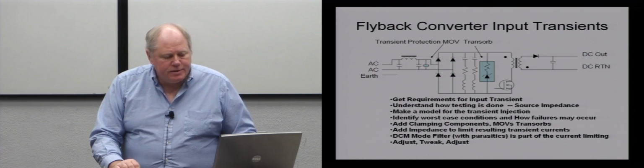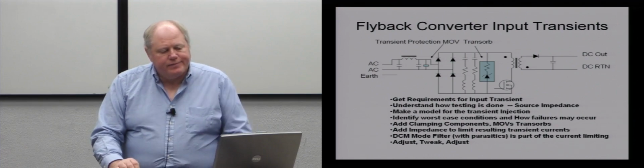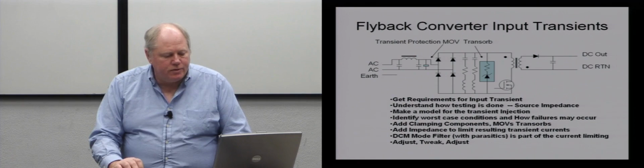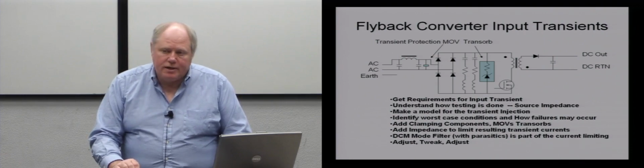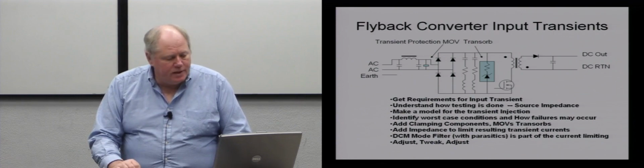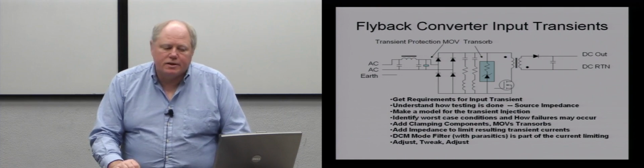Then the second step, once you've got that, you might want to deal with these input transients. It's important to have that filter there first because these transients are spec'd as a voltage disturbance. They may or may not have some sort of driving impedance, but if we just hook something up to an ideal voltage source, it's just going to blow up whatever it is if it can't handle that voltage, if you don't do something to limit the current.